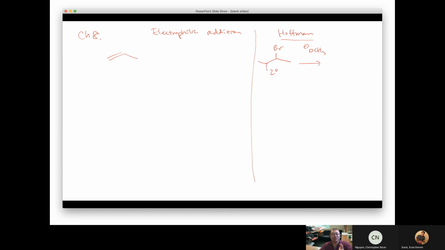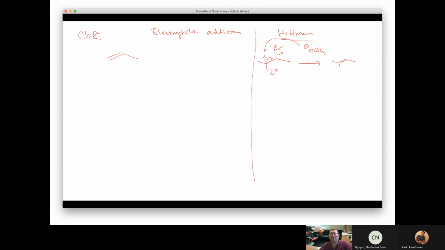If you do this reaction, you are going to get predominantly the Saytzeff product, because this is a small base and this is a secondary alkyl halide. So there's room for the base to come in and pick up the proton. The proton goes, bromine leaves, and you get the Saytzeff product, right?